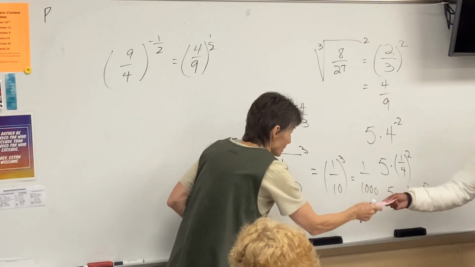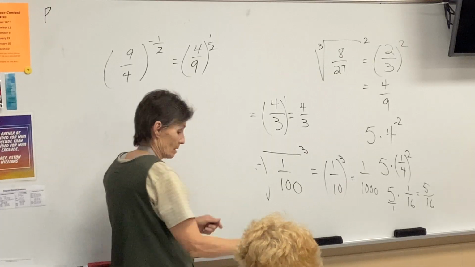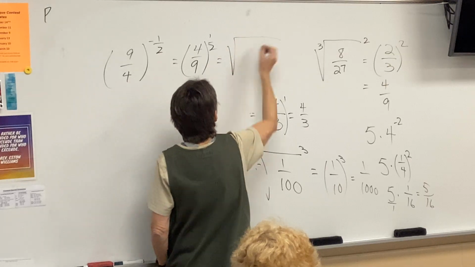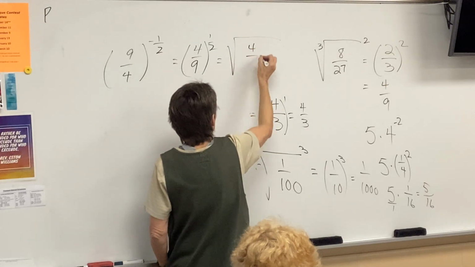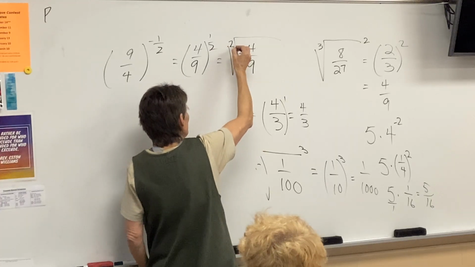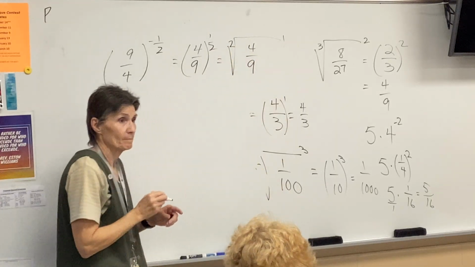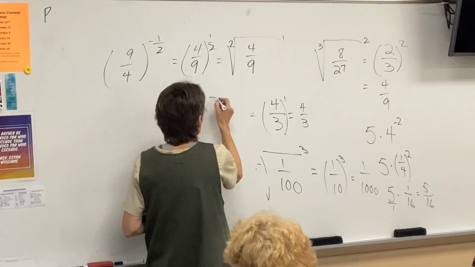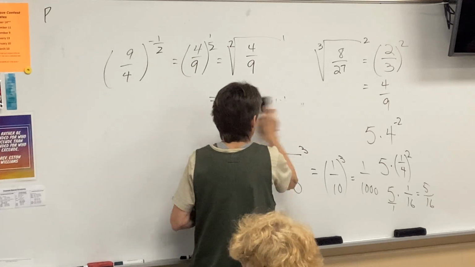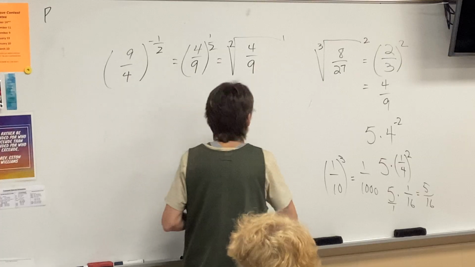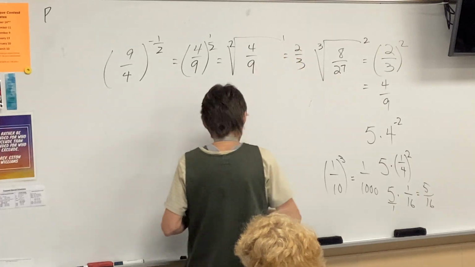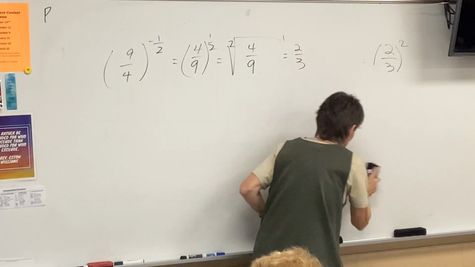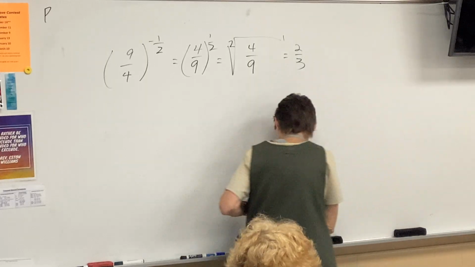So we need to rewrite that as a radical. So this is going to be the square root of 4/9 to the first. Would you agree with that? And that is what? The square root of 4/9. That's going to be 2/3. And then since it's just to the first power, we don't even really need to change anything.